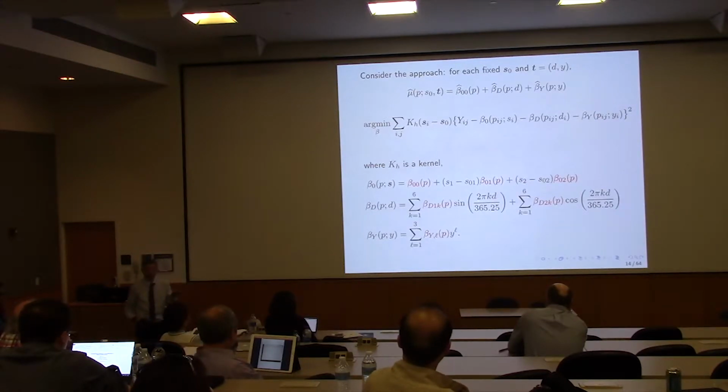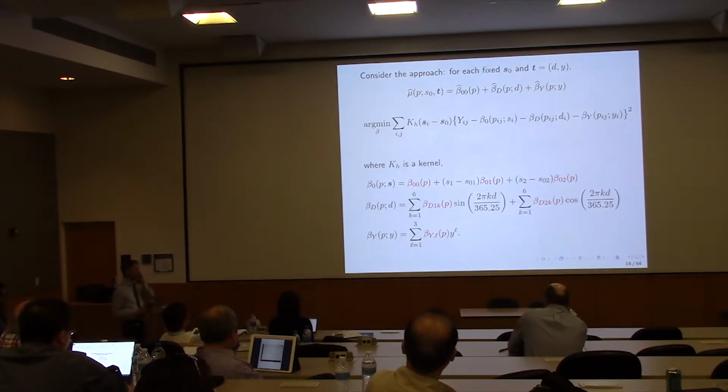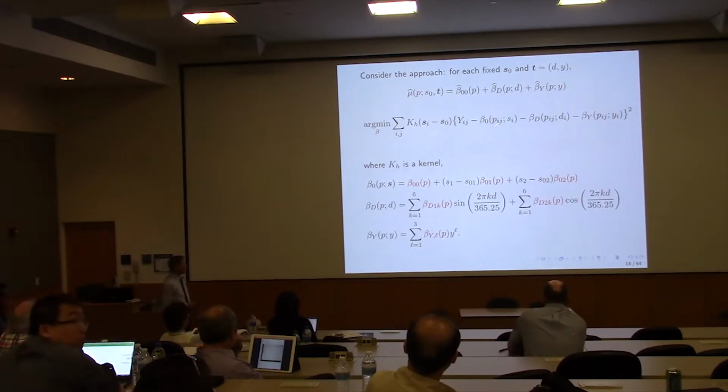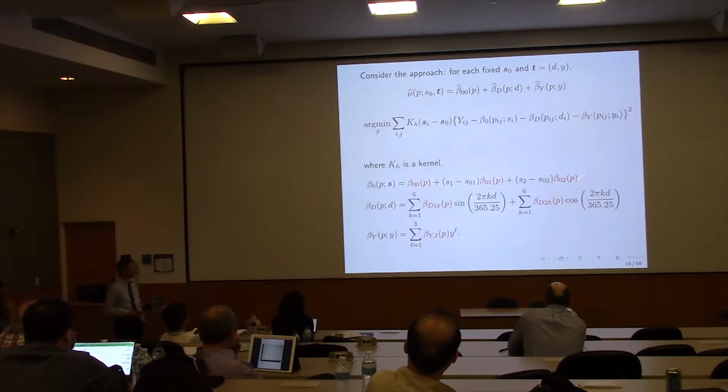Now, if Pij is not a vector, this is one point, P. I think everybody will recognize what this is. This is local linear regression. Well, the complication here is I have a vector piece, that's just fixed P.